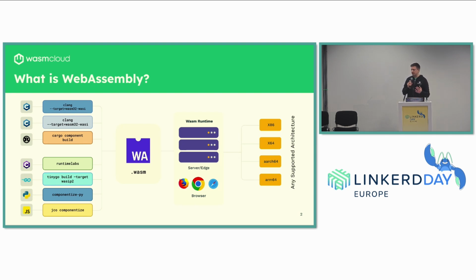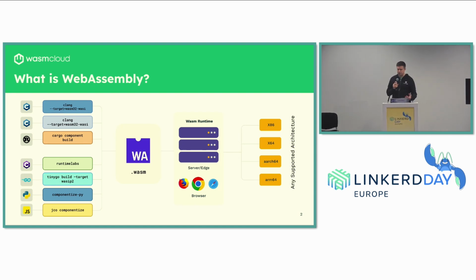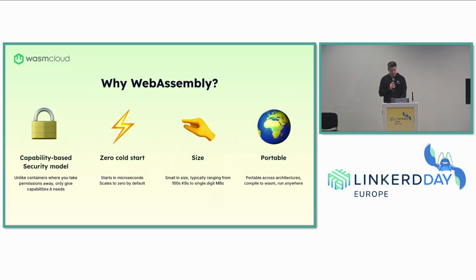That could be running on a server, on an edge, on a phone, an IoT device, or in a browser. The nice thing is that you compile your code once, and it can run on a whole bunch of different architectures without you ever having to think about it again, because of the representation as a WebAssembly binary.